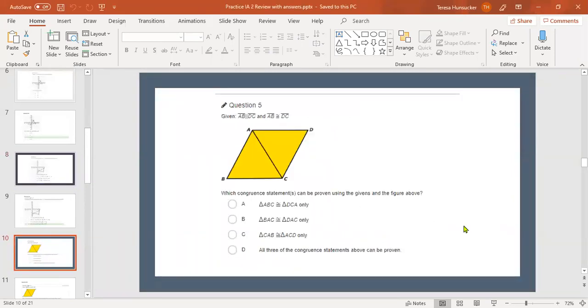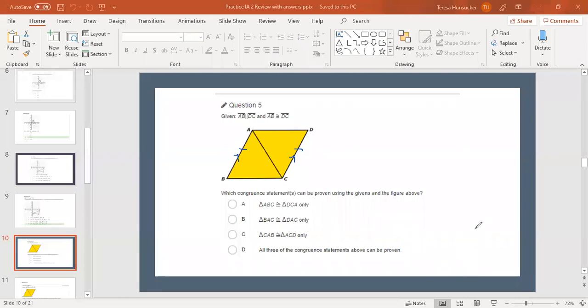Question 5. Segment AB is parallel to DC. So I'm going to mark them parallel using arrows. Segment AB is congruent to DC, so I'm going to use tick marks.